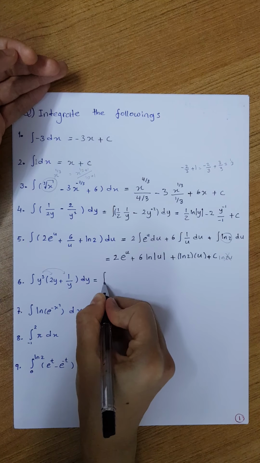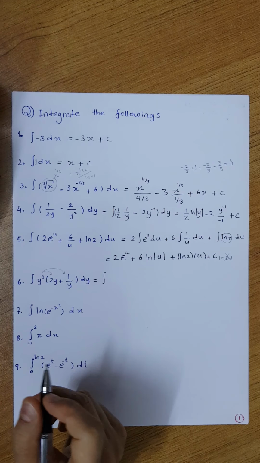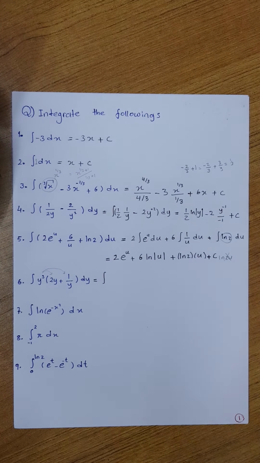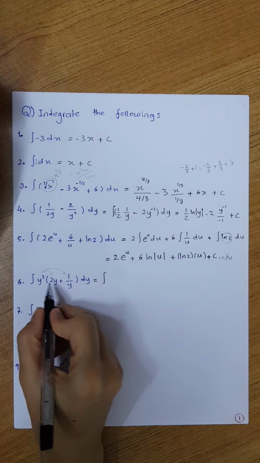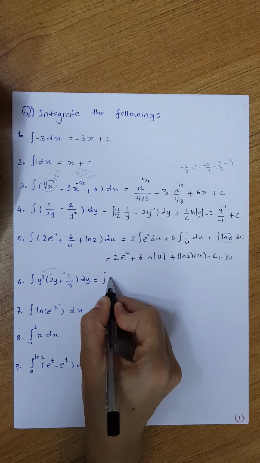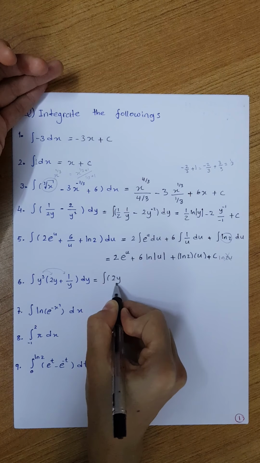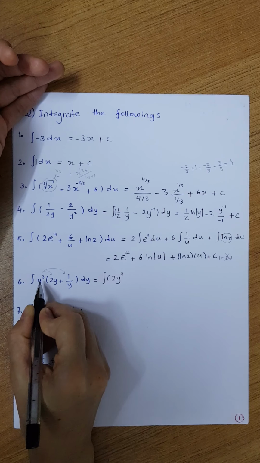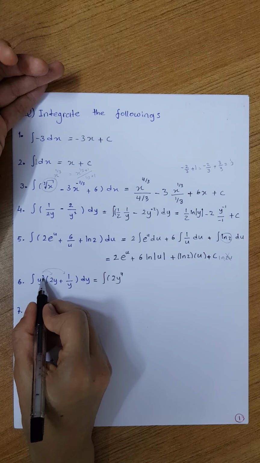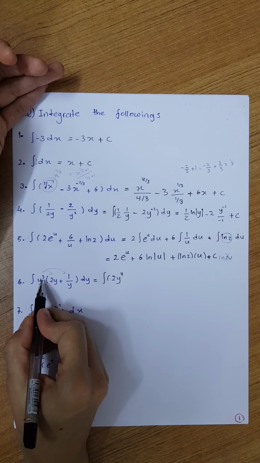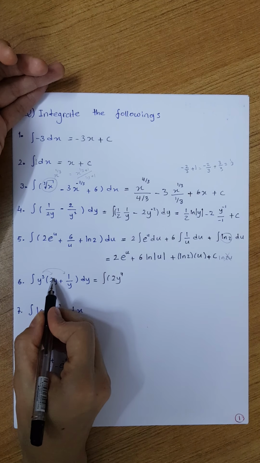Look, I'm writing the integration sign again. Why? Because I'm not solving it yet. That y to the power of 3 multiplied by 2y will be 2y to the power of 4. I haven't increased the power by 1. Okay, it's not the integration. I haven't done the integration yet. I have just multiplied this one inside.